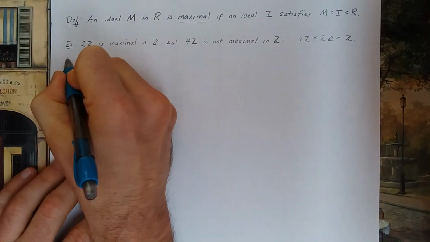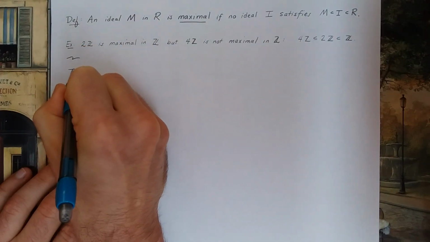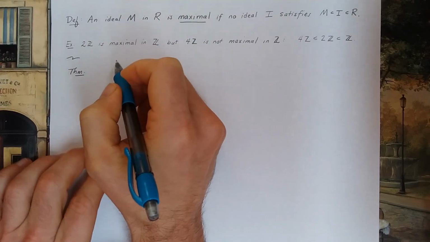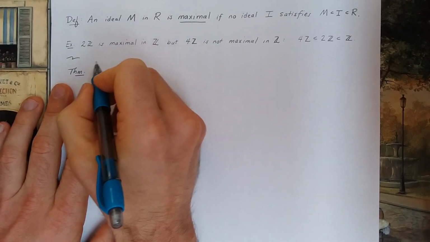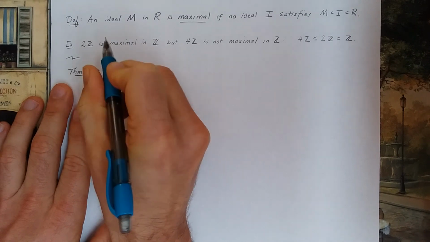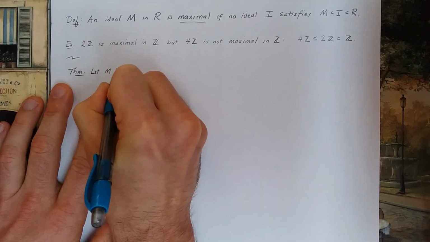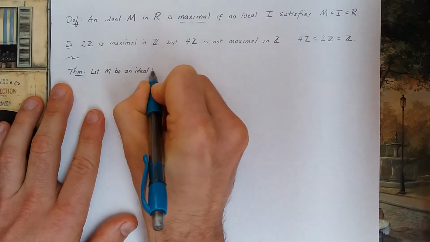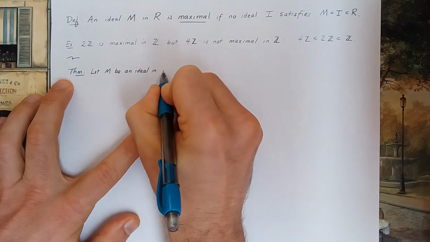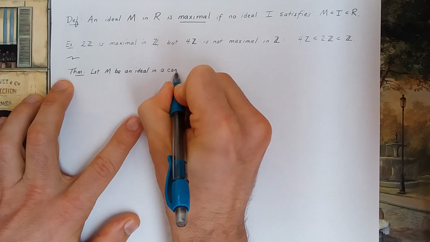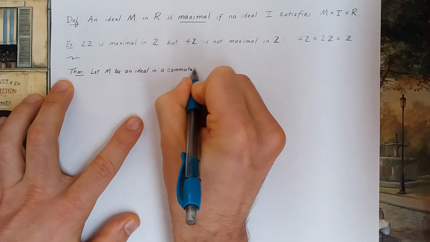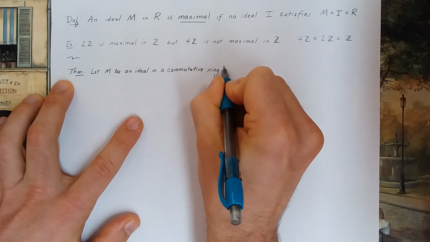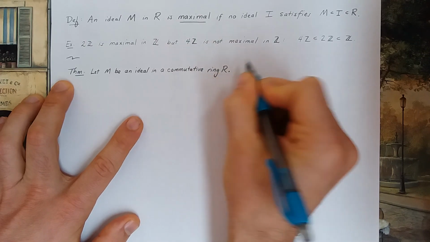Okay. So let's state the main theorem concerning maximal ideals. So the theorem is, let M be an ideal in a commutative ring R. So the ring has to be commutative.